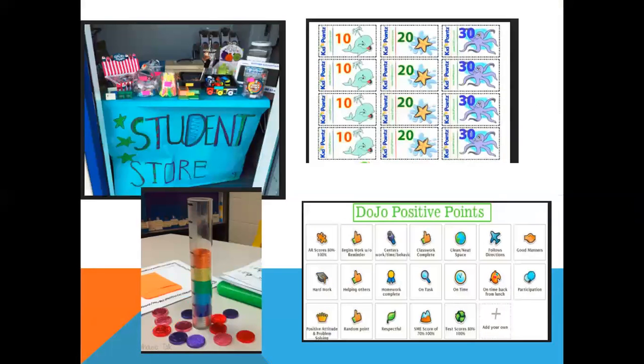Students then might graduate up to more of the tangible and social things. So they're earning coupons or dollars or points, and maybe they're able to cash those in at a student store, or when they fill up a certain container, the class or the student earns a prize.